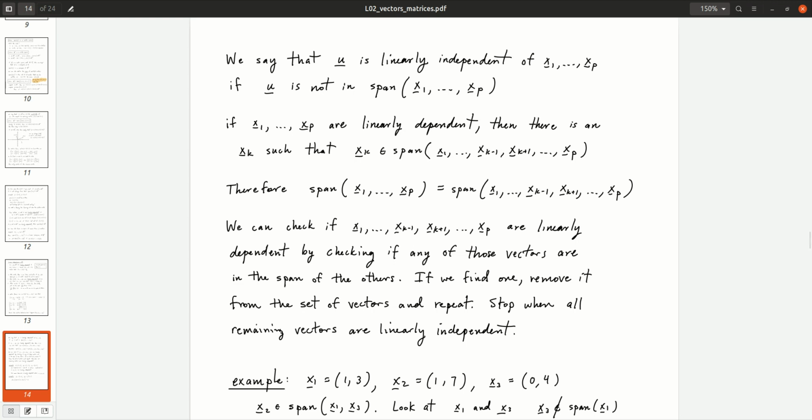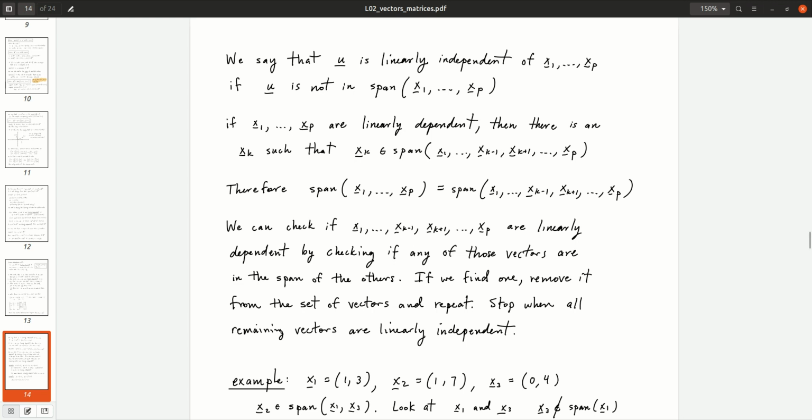So if x1 to xp are linearly dependent, then there is an xk such that xk is in the span of x1 to xk minus 1, skip xk, and then xk plus 1 up to xp. So again, what this means is that they're linearly dependent if you can find an xk such that xk is a linear combination of the remaining ones, which is the same thing as saying that it's in the span of the remaining ones.